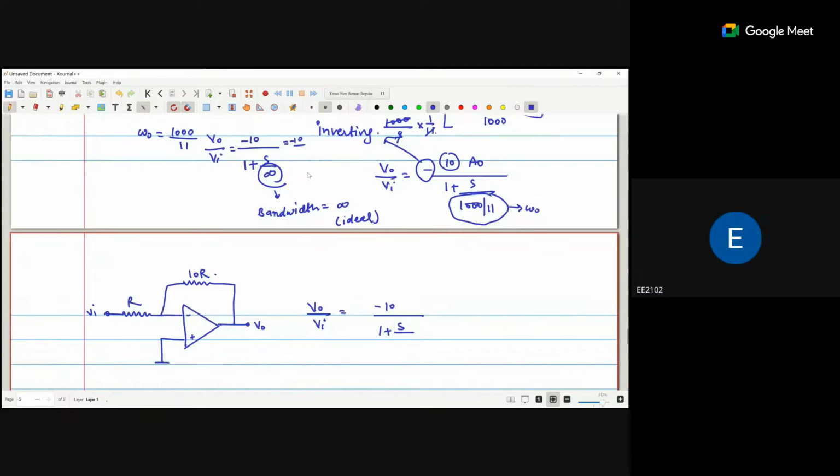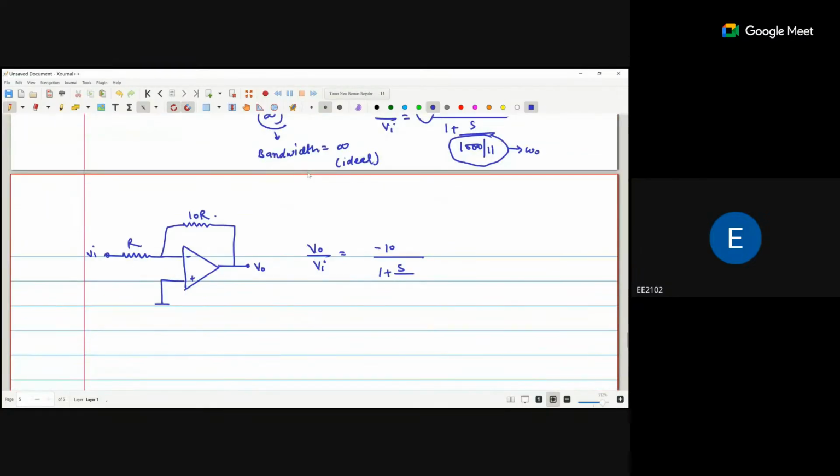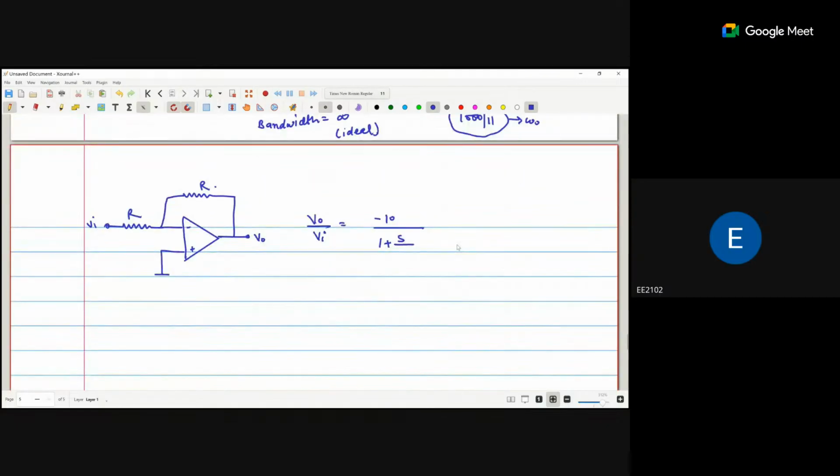Now, if you are taking two stages with the same value, our transfer function is minus 1 upon 1 plus s upon omega n by 2.